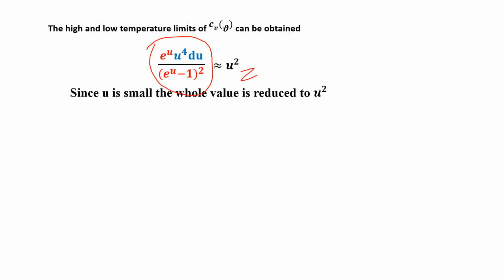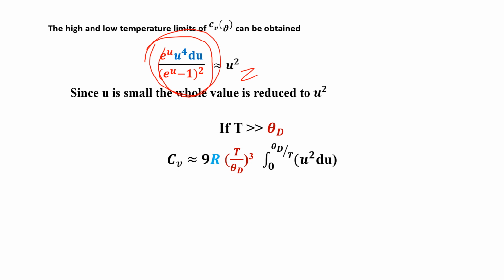Since the u value is very small, the whole e power u terms used in the previous equation can be converted into u square. This applies when the temperature is very much lesser than the Debye characteristic temperature. So now instead of this term in the previous equation, we have substituted u square into du.